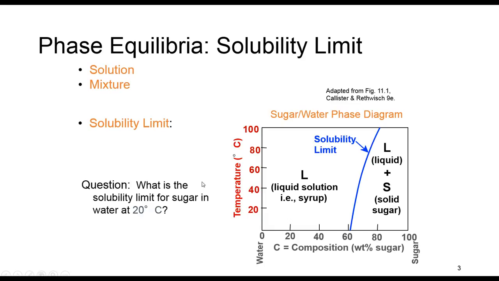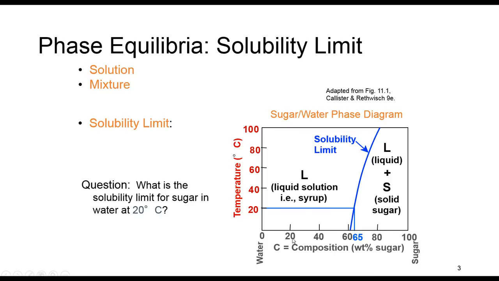We want to calculate what the solubility limit for sugar in water is at 20 degrees Celsius. So we can easily go to temperature in degrees Celsius, go from 20 until we reach the solubility limit boundary, and then go down and we find the value here.